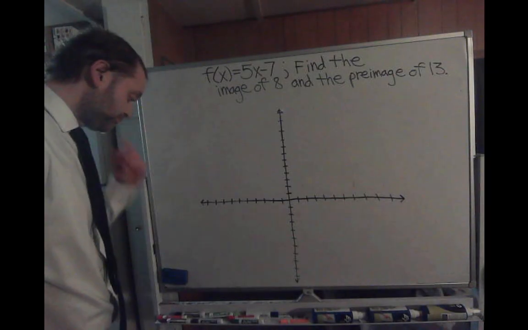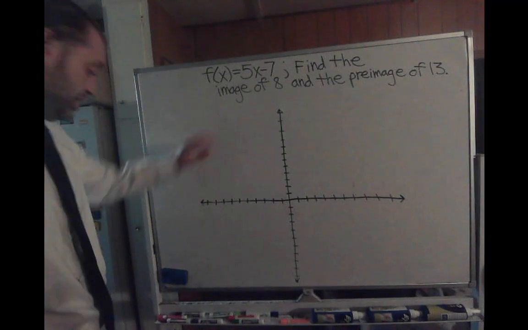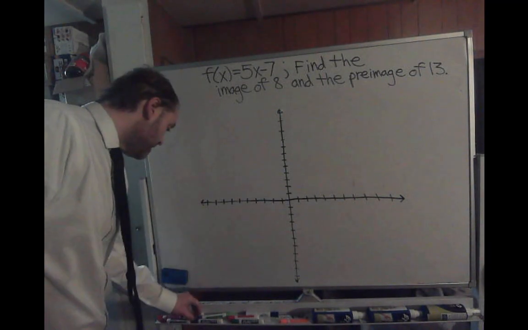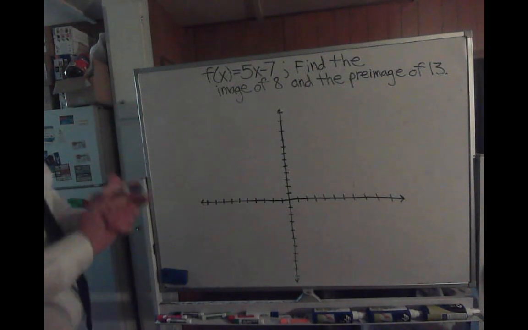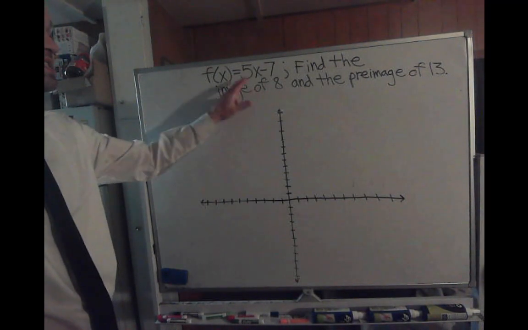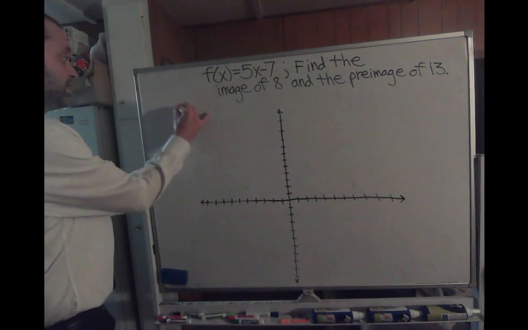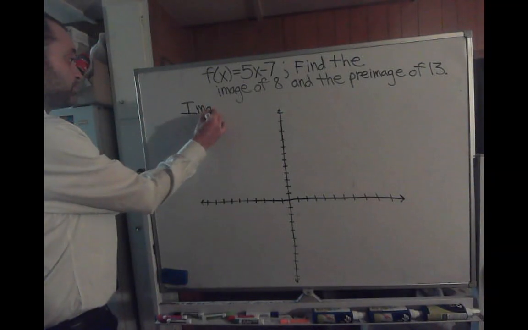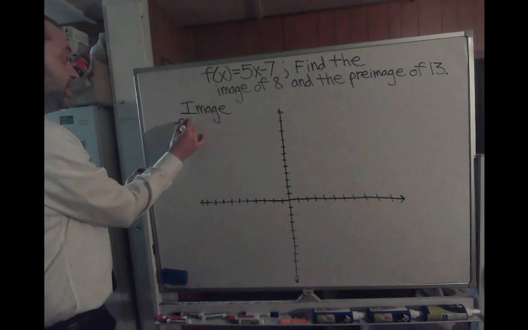Alright, well, let's come over here, we'll find the image. So, if we're asked to find the image of something, what that means is you're going to take the value of the image, which is 8, and stick it into your function. So the image, to find that, is going to be f of 8, right?